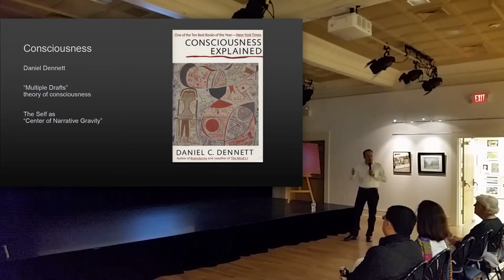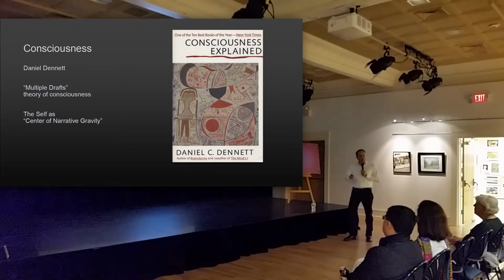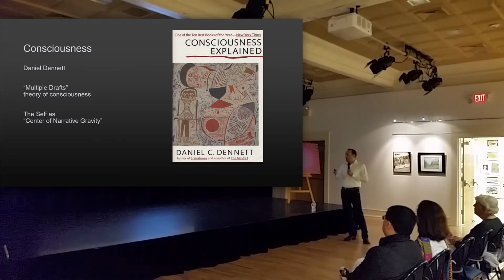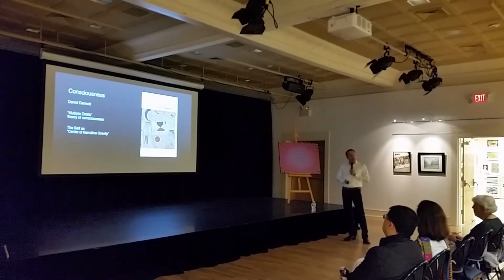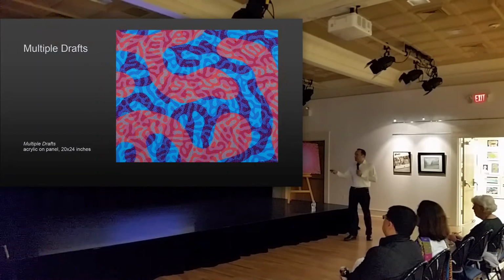Even as I read it, though, I was getting angry and I didn't always agree with the philosopher, but it got me thinking about a lot of different things, and two ideas in particular: his multiple drafts theory of consciousness and his center of narrative gravity theory of the self have made it into a number of my paintings.